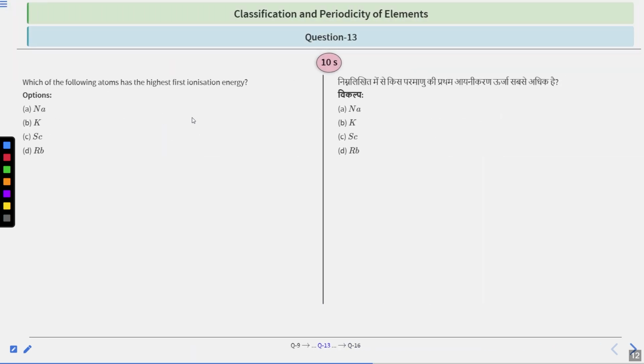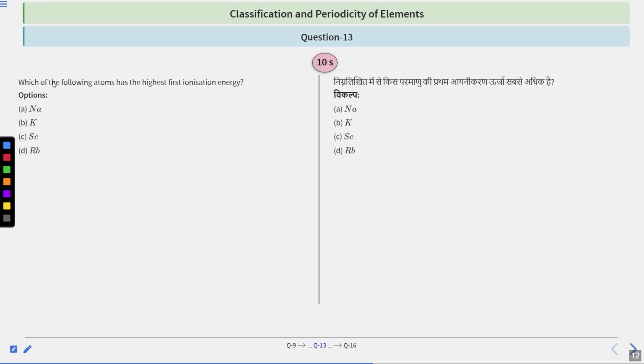Question number 13. Which of the following atoms has the highest first ionization energy? We have to select the atom from the options having the highest first ionization energy compared to the other options. Okay, so the options are sodium, potassium, scandium, or rubidium.